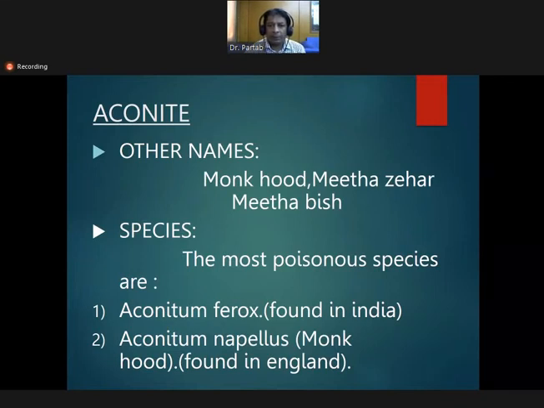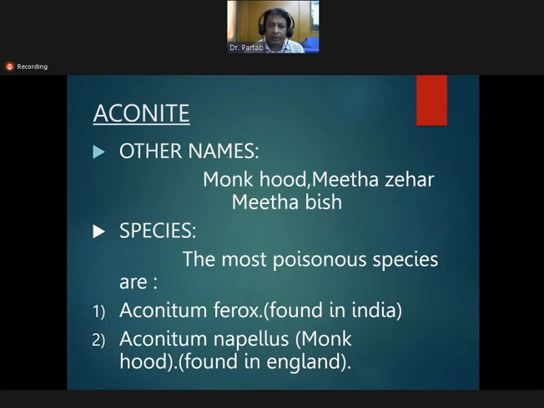The most poisonous species of aconite is Aconitum ferox, found in the Indian subcontinent, in the hilly areas of the Himalayan mountains. This plant is very commonly cultivated and commonly used by quacks.